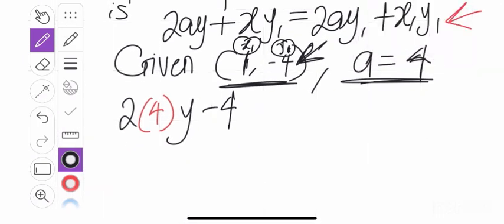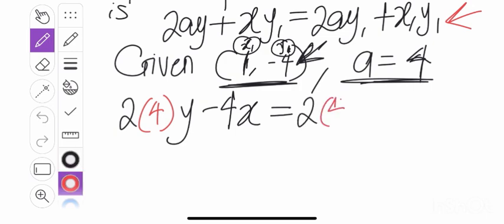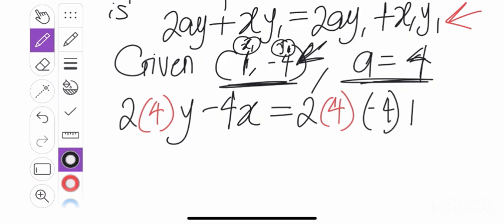So negative 4x is what I'm going to write instead, equal to 2, then a. Remember that a is 4. Then the y1, remember y1 is negative 4. Then plus our x1. Our x1 is 1 in the coordinates there. So I'm going to put it into parentheses as 1. Then I'm going to write our y1 to be negative 4.